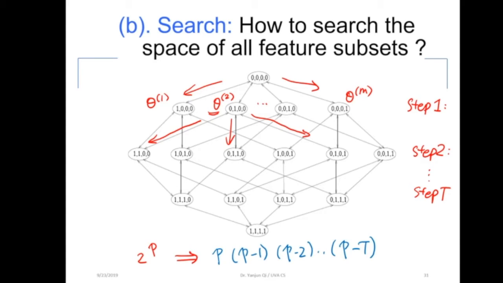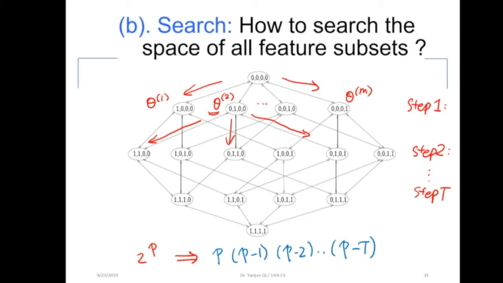So the cost of this search is, in the beginning, you have p positions to pick, that's O(p). And when you have already selected one, conditioned on that one, you have p minus 1 to select from.